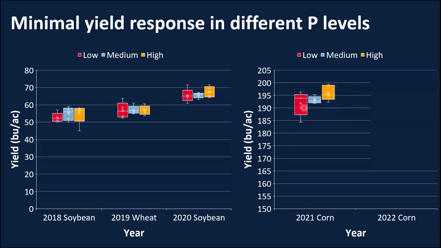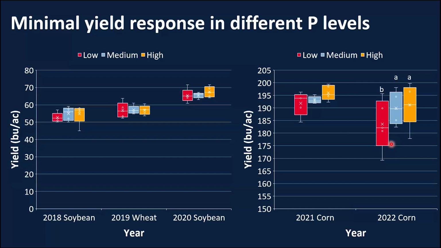With our corn, we see a little bit more variability with our low treatment. However, regardless of soil test phosphorus level, we still see similar yields.